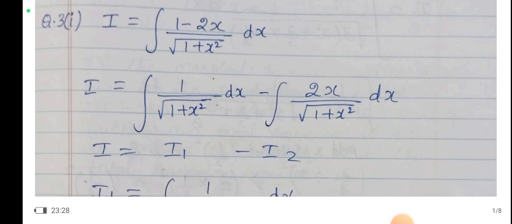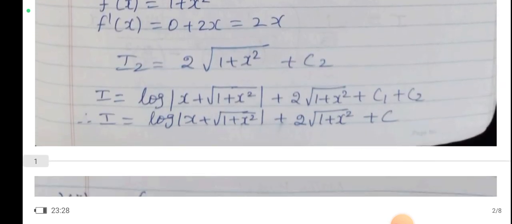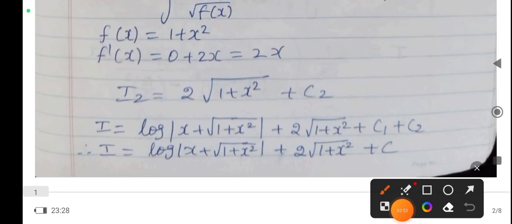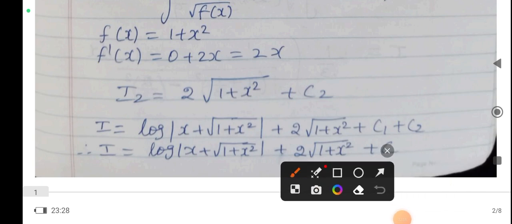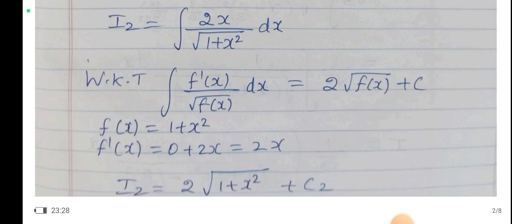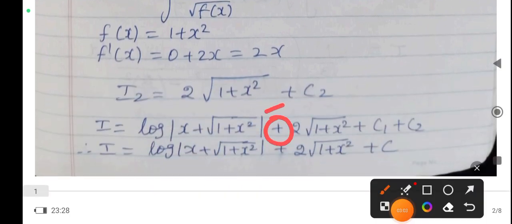Plus or minus, check. Actually it is minus. So kindly keep minus. I have kept plus here, but since it's a minus, the sign check is very, very important. So we got I1 as log mod x plus root over 1 plus x square, and I2 is 2 root 1 plus x square, in between minus.